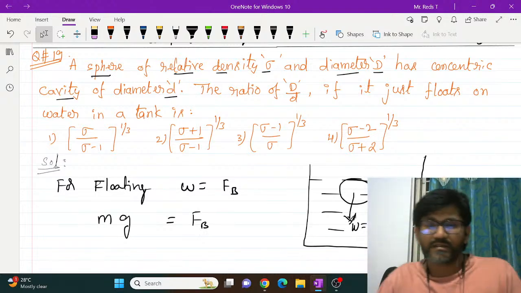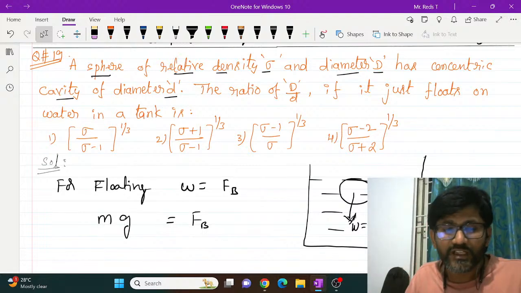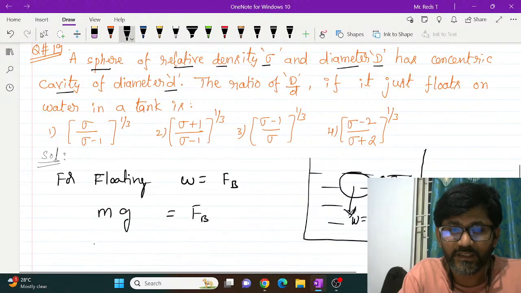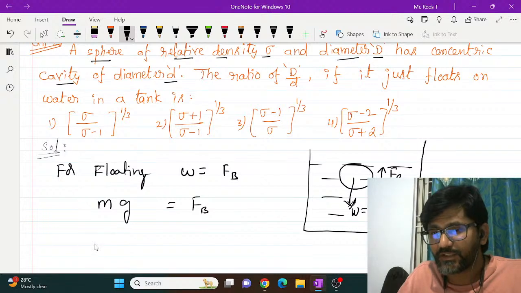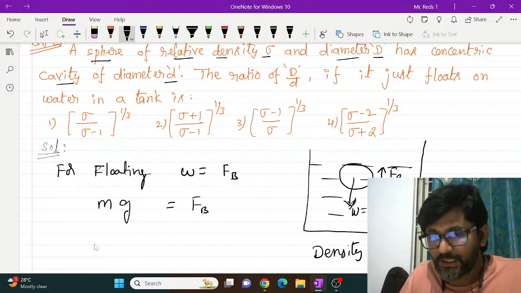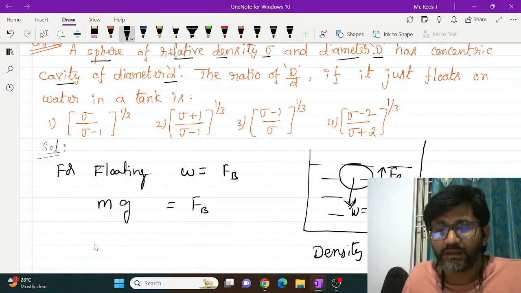So here the mass of the body is in terms of density. As you know, you have to remember a simple relation: density is equal to mass by volume. Here, density of the body is equal to mass of the body by volume of the body. So mass of the body m is equal to density into volume.